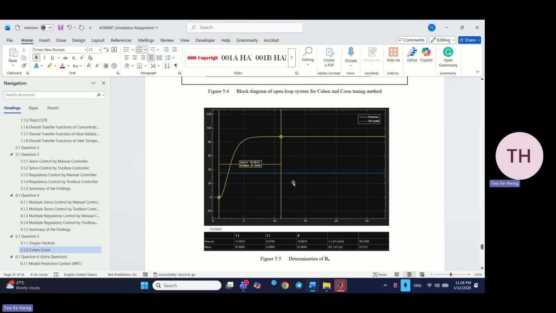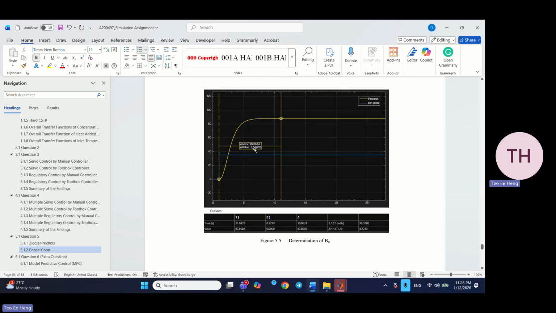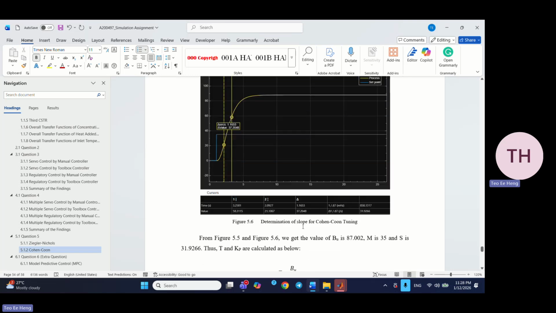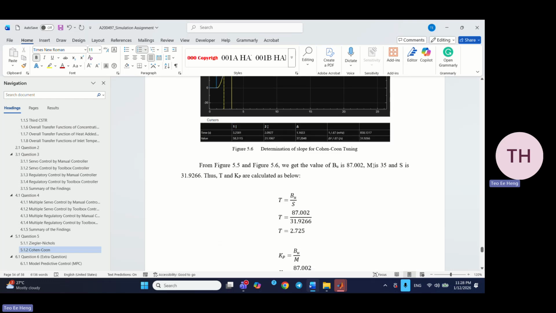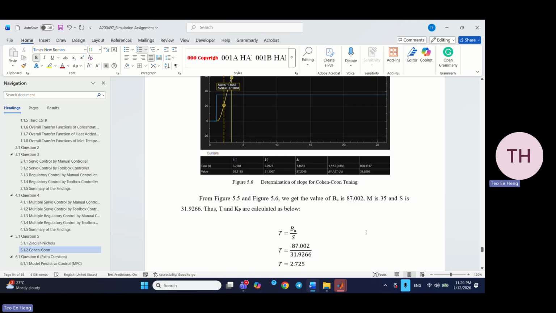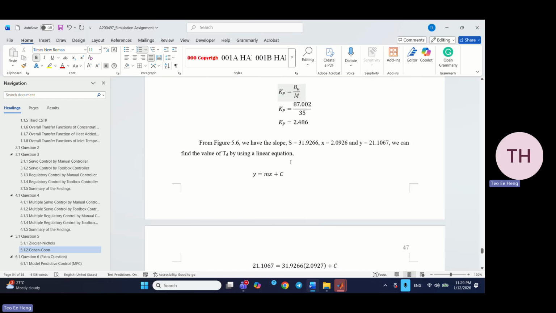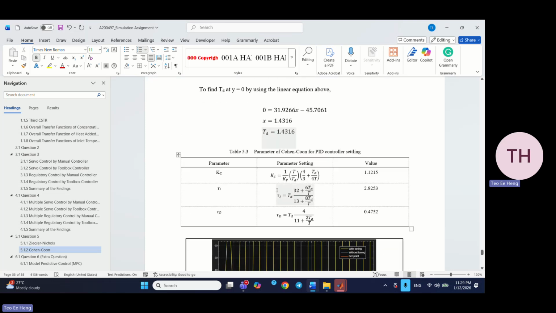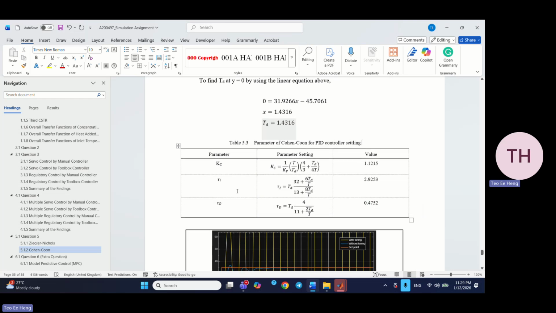The important thing is we need to get this value, which is 87, which is the B U, and then we need to determine the slope. S is equal to 31.9, and M is the value we set for the initial value, which is 35. After the calculation, we get the tau D equal to 1.4316. And by using these three equations, we can get the values of Kc, tau I, and tau D.